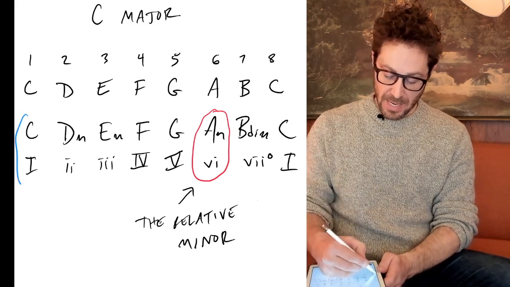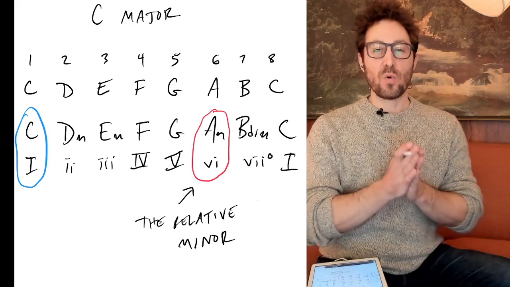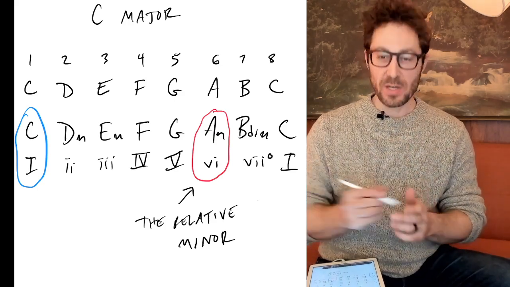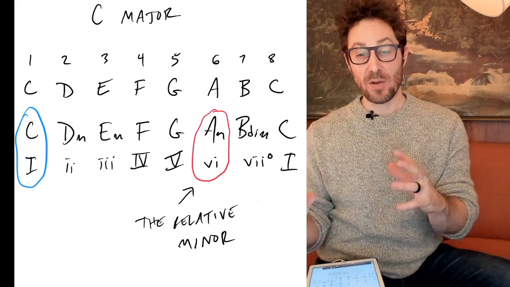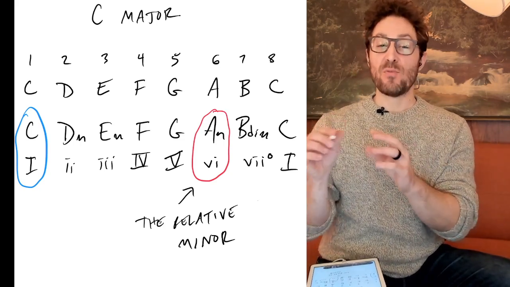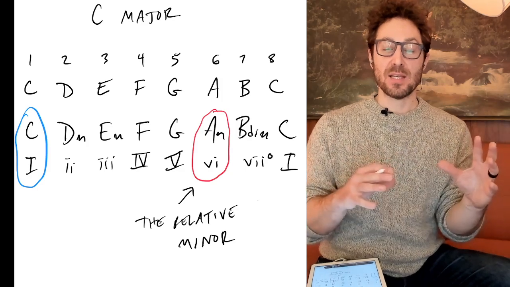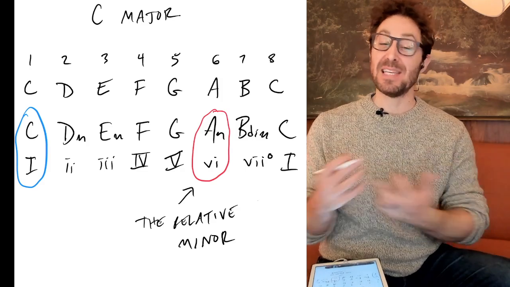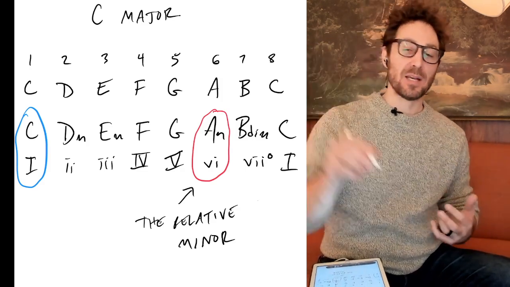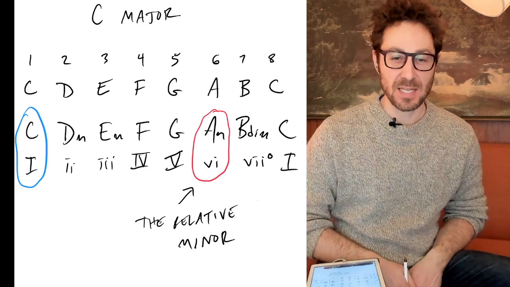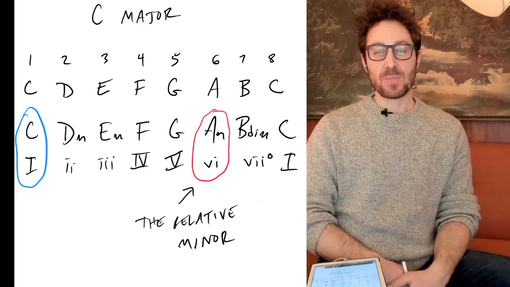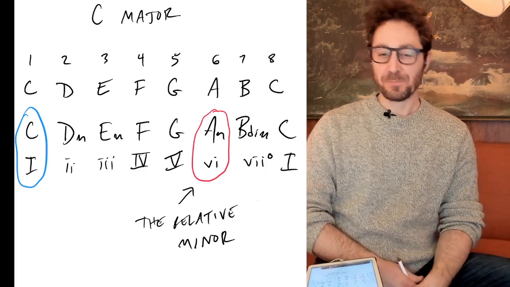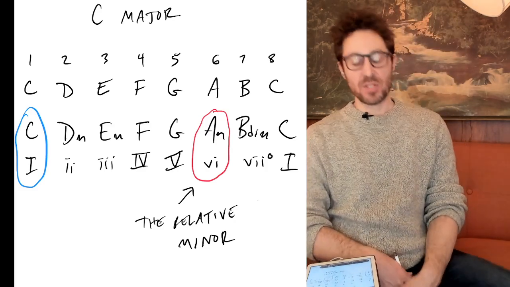And if this guy is sort of warm and friendly, the one in red shares all the same notes, but now if we make the red one home base, suddenly you're still using the same notes, but you're playing in A minor, because it is the relative minor of C. And that's where it's always going to be, in that 6th position right there. Just let that hit your brain if that's a new concept.